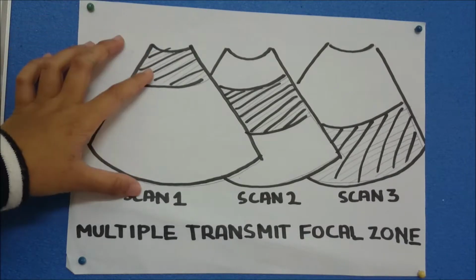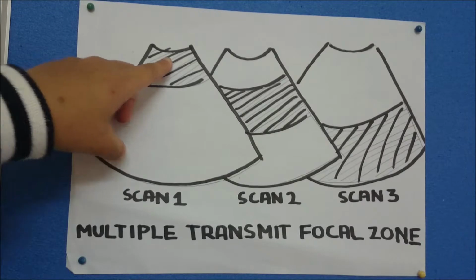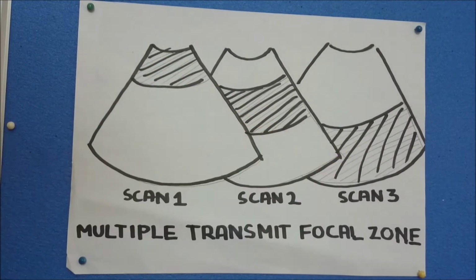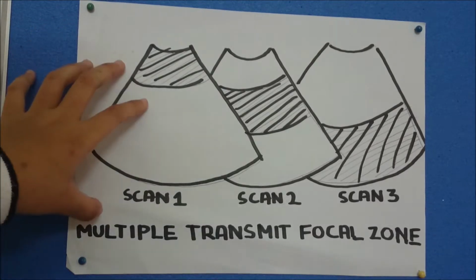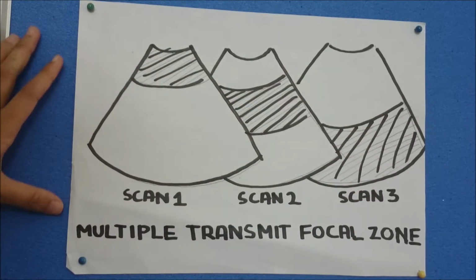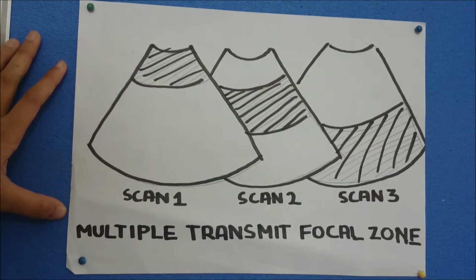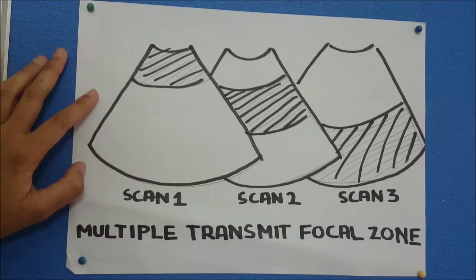Each scan pass has a different transmit focal depth. For example, this is scan 1, scan 2, and scan 3. During each scan, only echoes from the focal zone corresponding to the transmit focal depth are accepted, and the resultant image will have high lateral resolution, but it will also consume longer time.